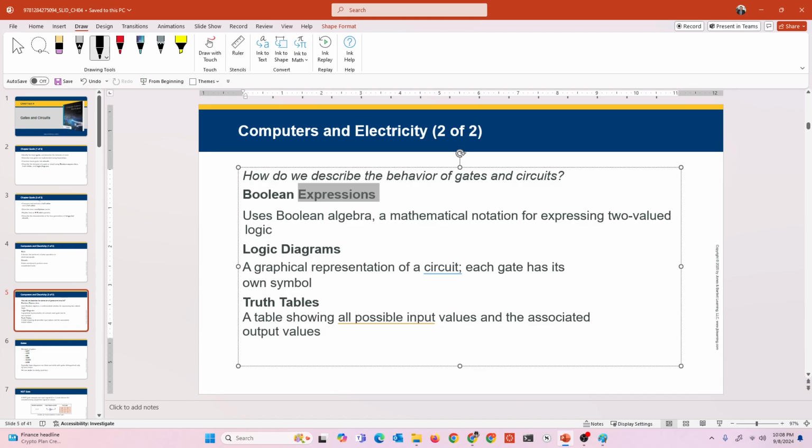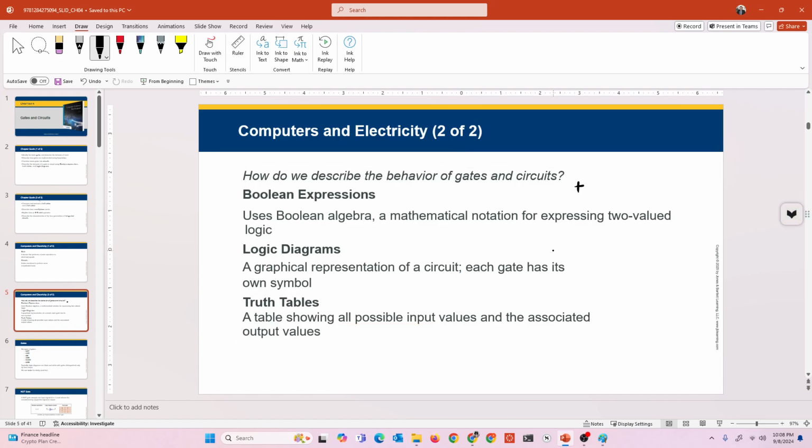The logic diagrams, that's how, so this, for example, if we're using the operator plus, A plus B, this is actually also called OR. So this is a Boolean expression. This expression right here is a Boolean expression, okay? But if we want to use this in a logic diagram, we're going to do it like this.